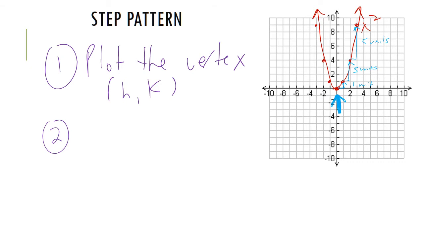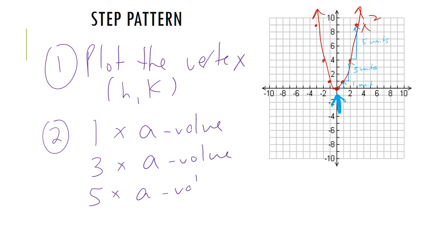The first 3 steps, it's always over 1 from the vertex: over 1, up 1, then up 3, then up 5. And what you do is you multiply that by your a value. So those are your 2 ways to easily graph.